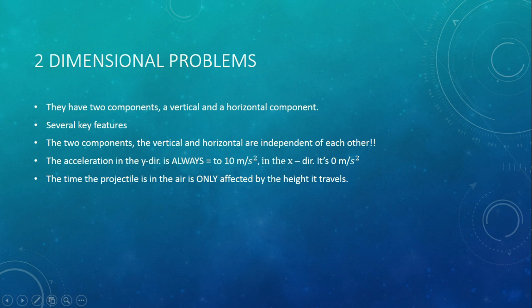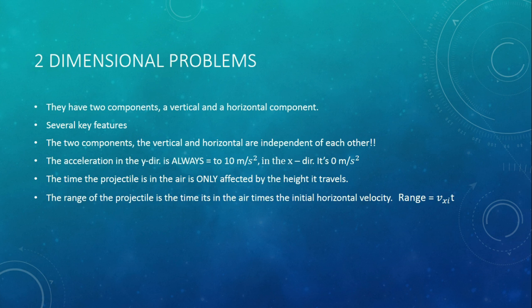The acceleration in the y direction is always 10 meters per second squared negative. In the x direction, there's always no acceleration. The time is only affected by the height of the object and how it travels. So this is what I mean by they're independent.